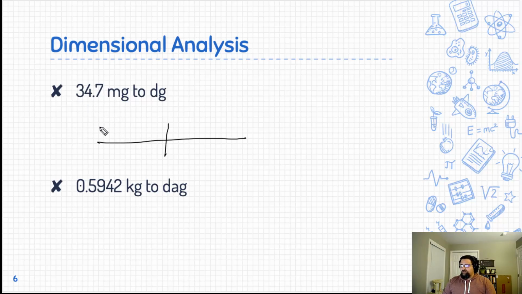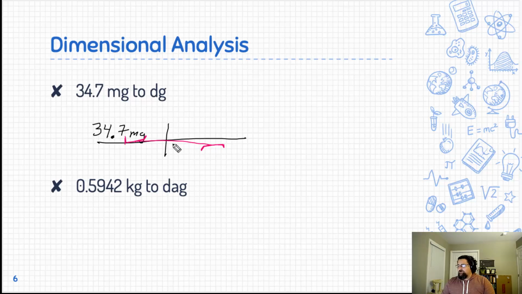Whatever we're given, in this case 34.7 milligrams, is going to go in the top left every time. So 34.7 milligrams, the given. Whatever unit is top left, in this case milligrams, and you're going to hear me say this a lot during dimensional analysis, also has to go bottom right.